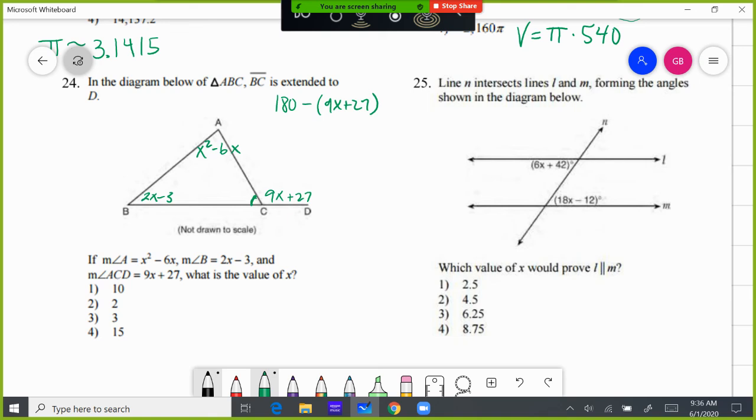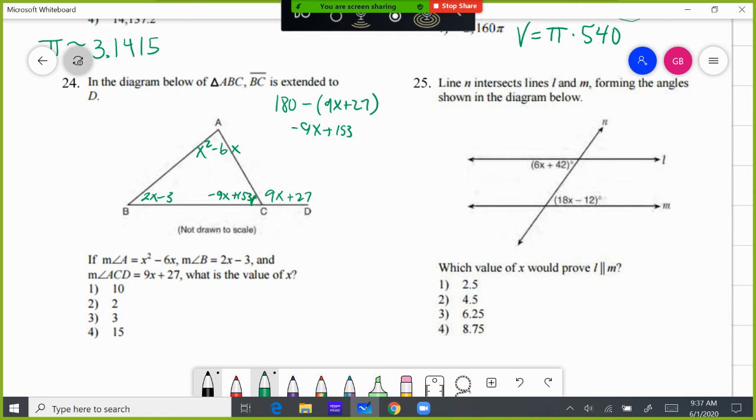Okay, and that actually simplifies to negative 9x plus 153. So this angle here is negative 9x plus 153.